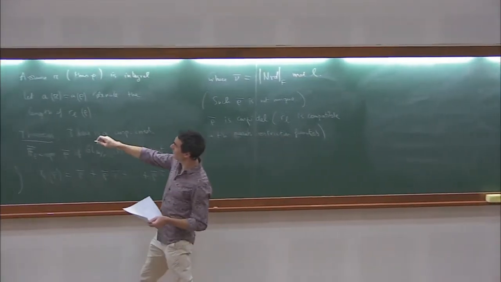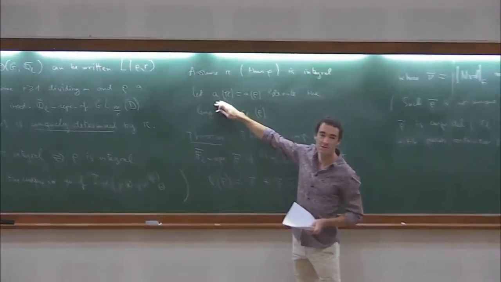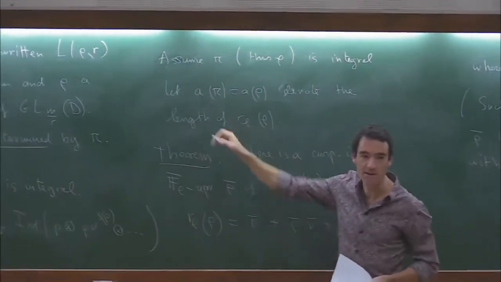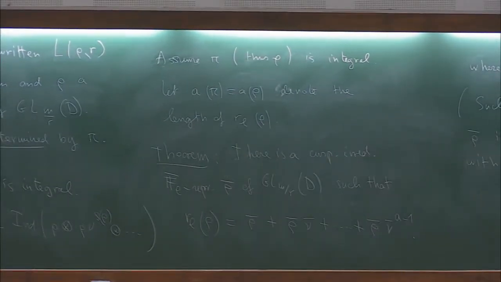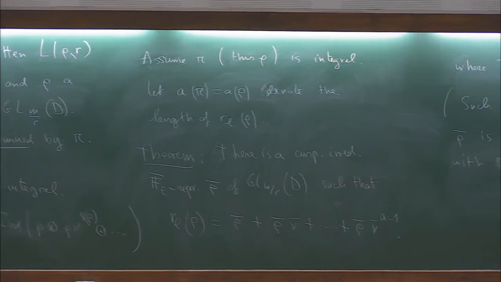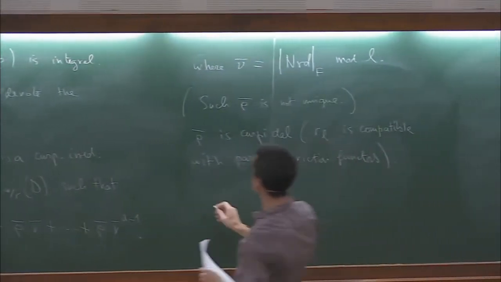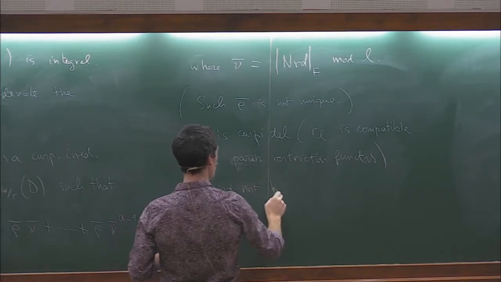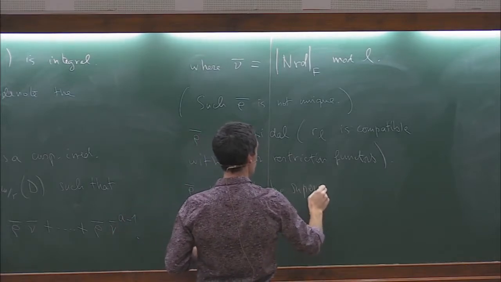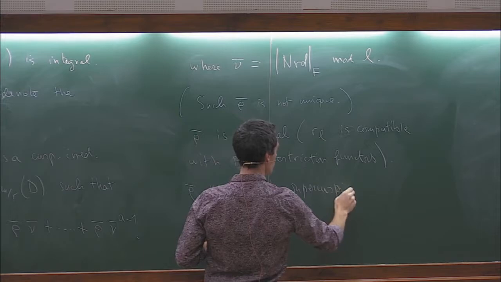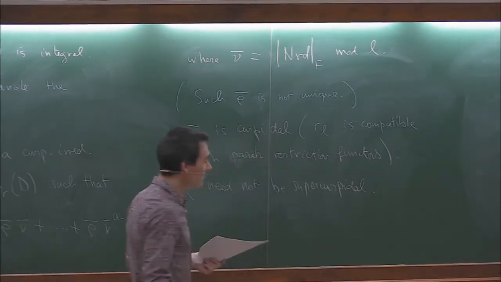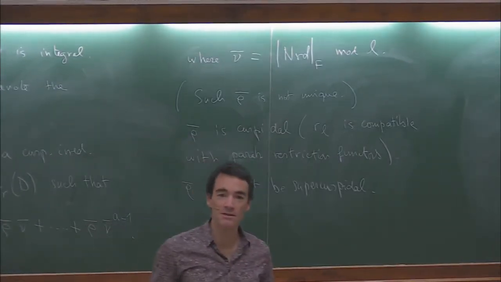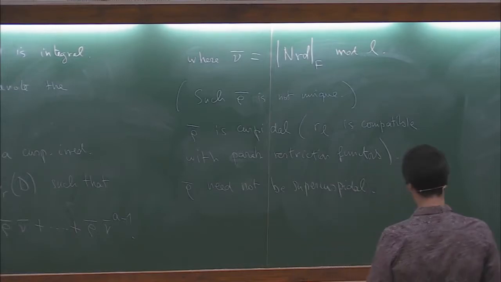The first invariant which interests me is this one, a, and I'm going to introduce a second invariant. Since rho bar need not be supercuspidal, we are going to look at its supercuspidal support.